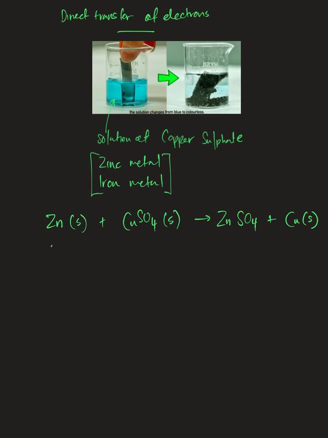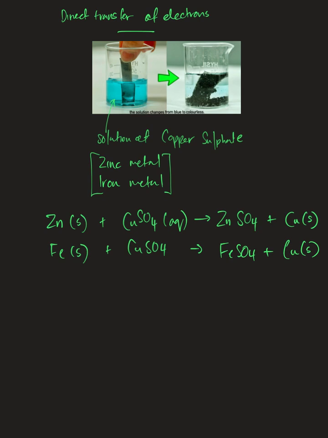Right, same thing with the iron. I'm going to take iron, which is a solid, plus copper sulfate. Let's say the copper sulfate is rather aqueous. I'm going to end up with iron sulfate plus copper, which is going to be a solid.